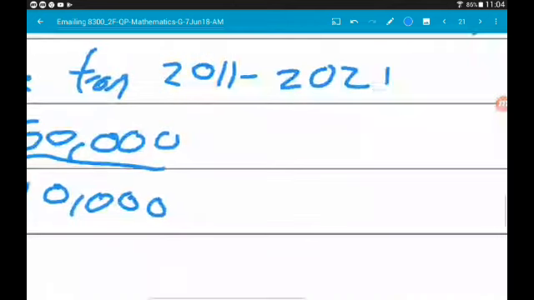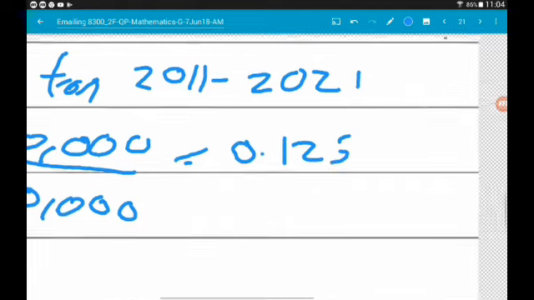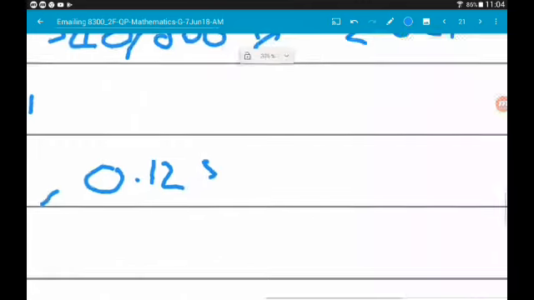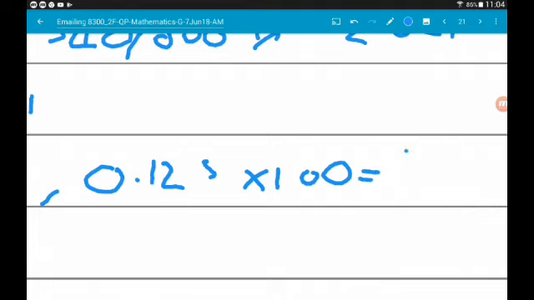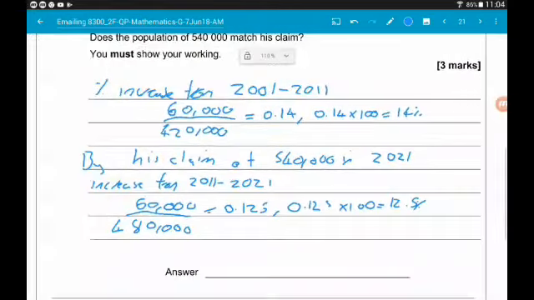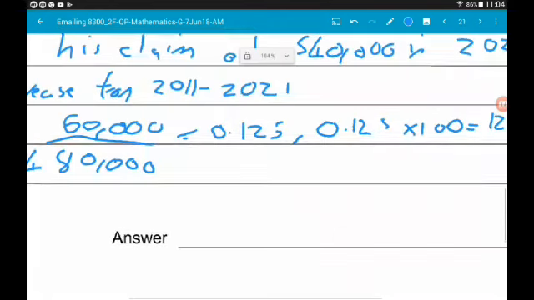Now as a decimal, that is 0.125. As a percentage, 0.125 times 100 is 12.5%. So by his claim, we don't have the same percentage increase. So the answer is no.